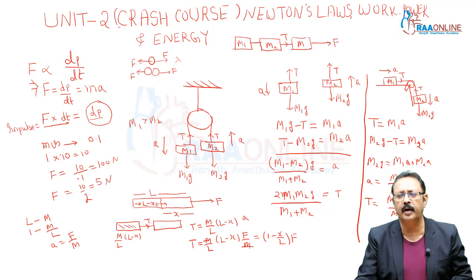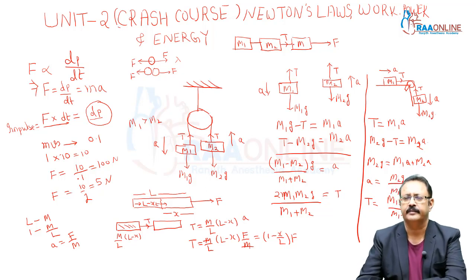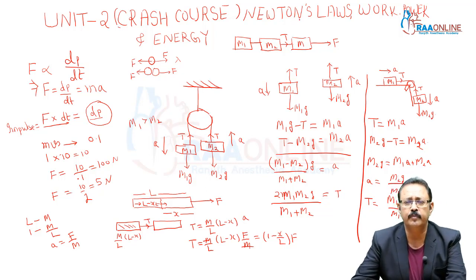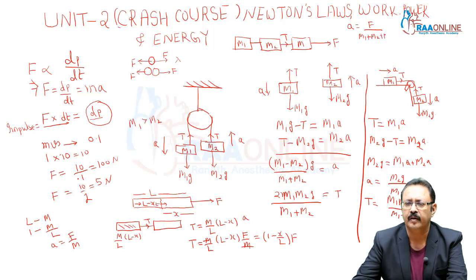Since all masses are connected, they will move with the same acceleration. Acceleration means force upon mass. Total mass is m1 plus m2 plus m3. What is the role of tension in this part? To pull these two masses with the same acceleration. So T is mass into acceleration. So we got the value of tension in that portion.